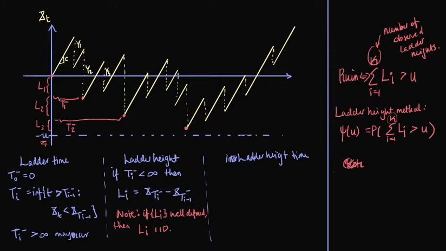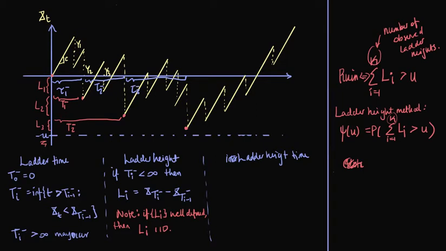Okay, so let's continue to the inter-ladder height time. The inter-ladder height time is the time that elapses from one ladder time occurs to the next ladder time. So the first inter-ladder height time that we have in this example here, tau 1 minus, is the time that goes from here to here. And the second inter-ladder height time, tau 2 minus, is what we have here. And the third inter-ladder height time will be what we have here.